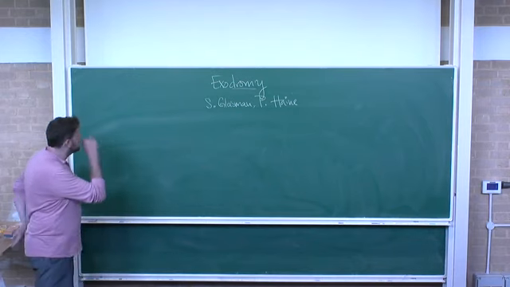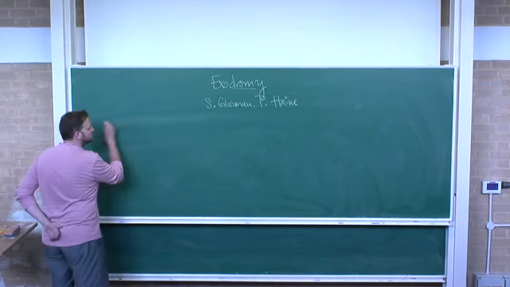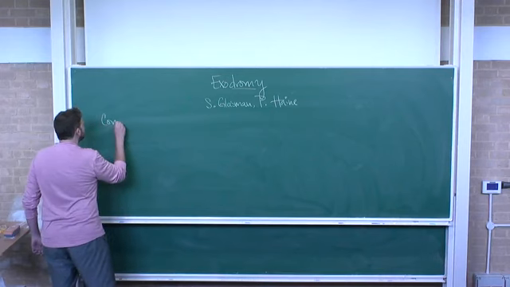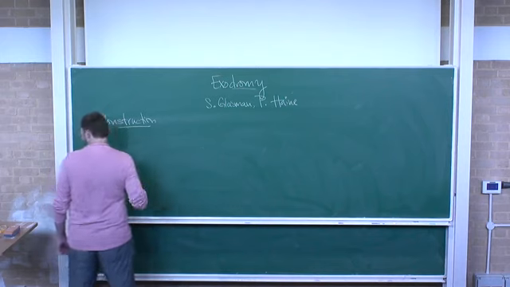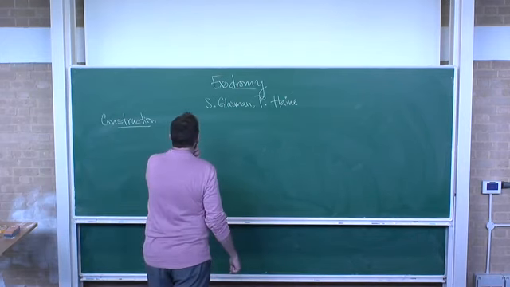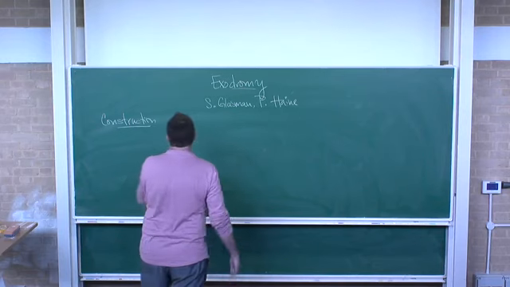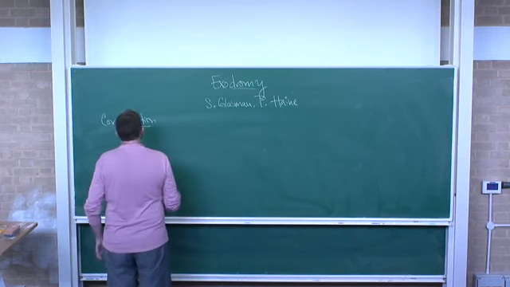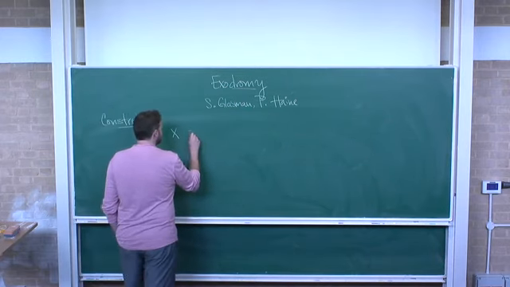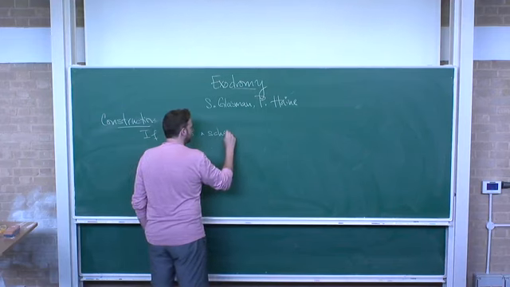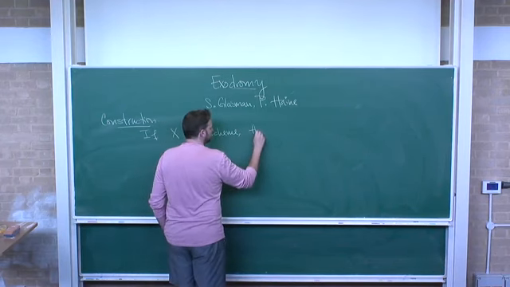All right. So let me start with a construction and a theorem. So here's a construction. If X is a scheme, then I'm going to build a category.